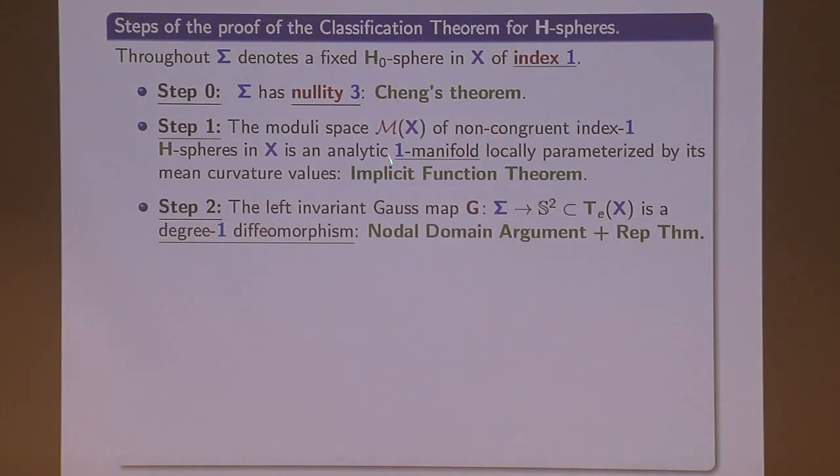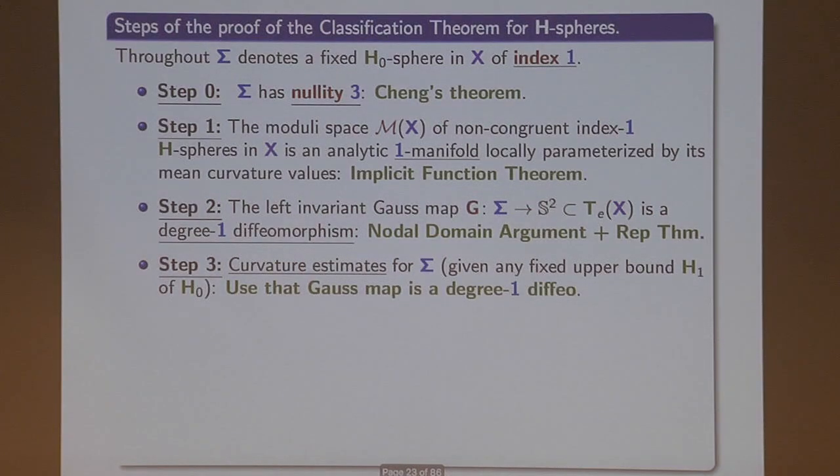But anyway, the idea is kind of reasonable, and it uses a nodal domain argument, something in the kernel of the derivative map. Basically, it's sufficient to show it's a local diffeomorphism, right? Because it's simply connected. And then you use that representation theorem I was talking about before to get some kind of contact with some other surface. But that's step 2.